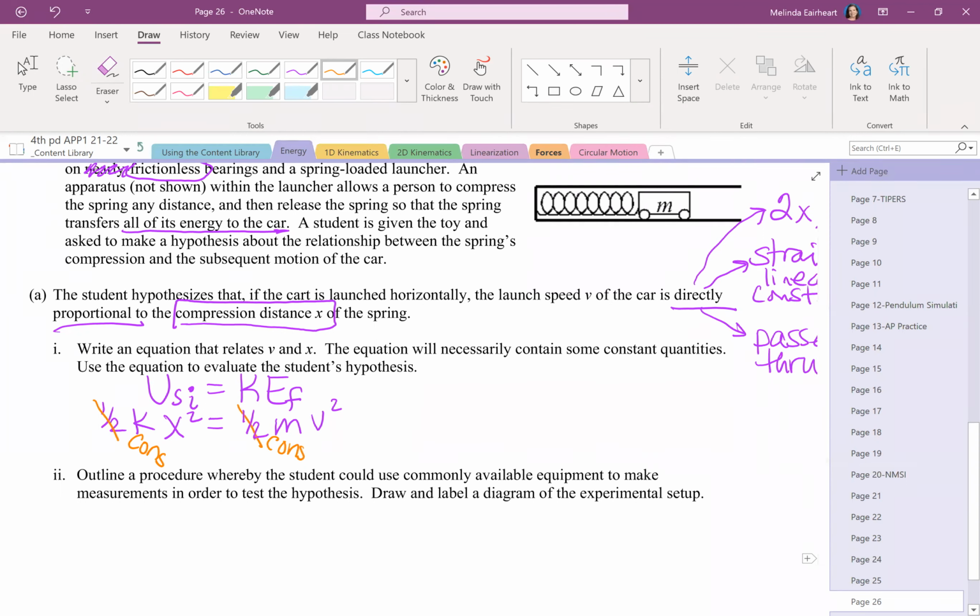And so, use the equation to evaluate the student's hypothesis. And so they talked about X and V proposing direct proportion. Are they right or are they wrong? They're right, because what happens if, so student is correct.